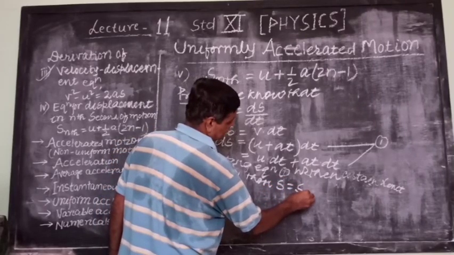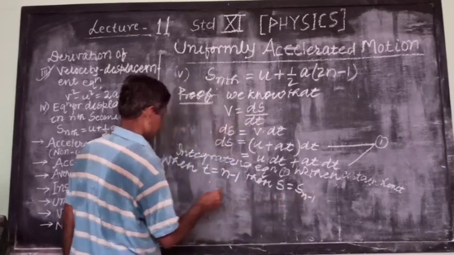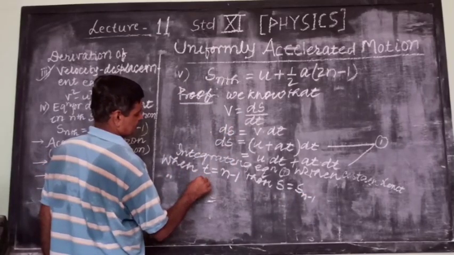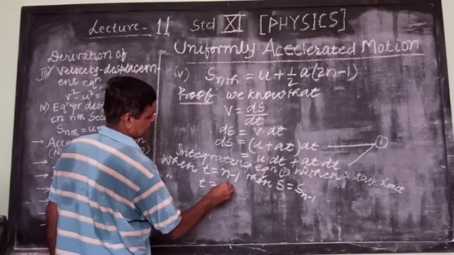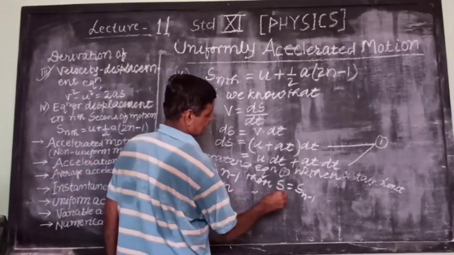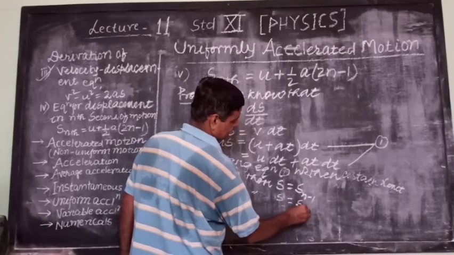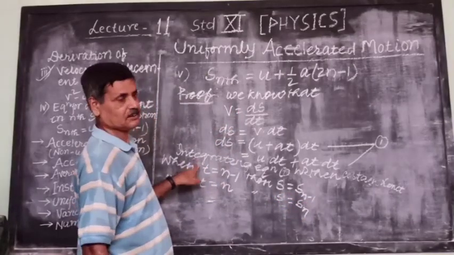Sn minus 1. When t is equal to n, then s must be equal to Sn. This is the condition.